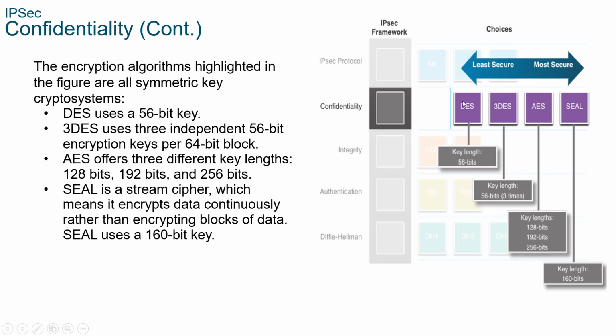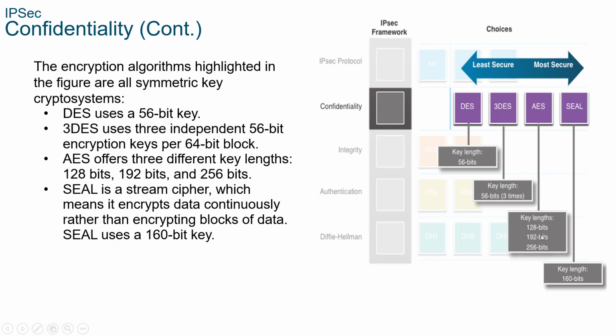With standard DES, we only have a key length of 56 bits, so that's much easier to decrypt and figure out. They can get to what that encryption key is. 3DES is 56 bits times 3, but the same thing, it's still going to be easier. With AES, we've extended the length of the key.